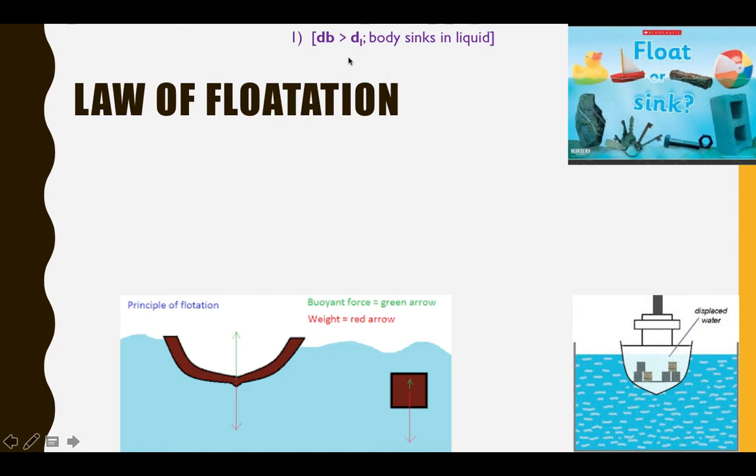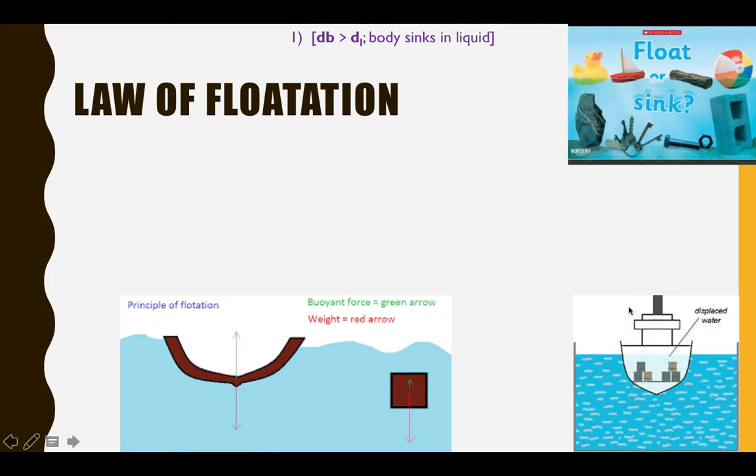So according to the general concept, if the density of the body is more than the density of the liquid, it sinks. Whereas you can see a plastic ball, log of wood, or maybe toys, they are floating in water. The reason is their density is less than the liquid, that is why they are floating. So these are the general understandings about floating or sinking.